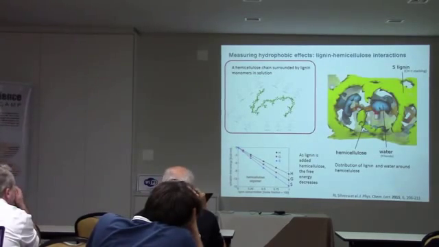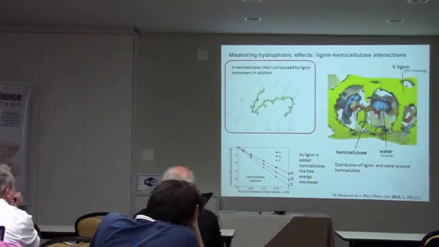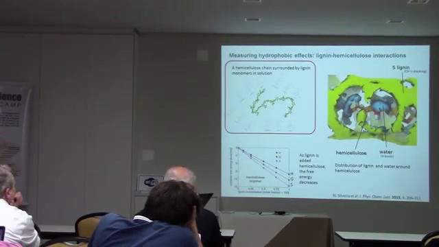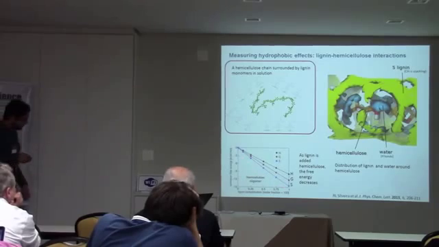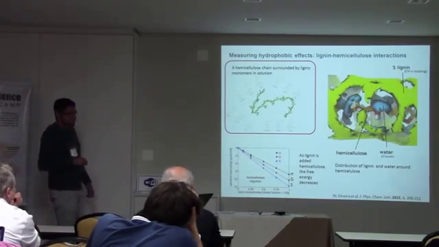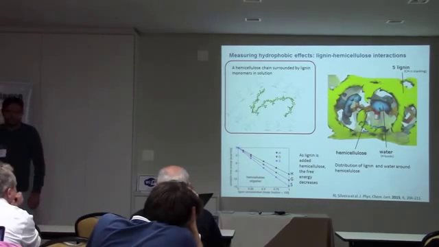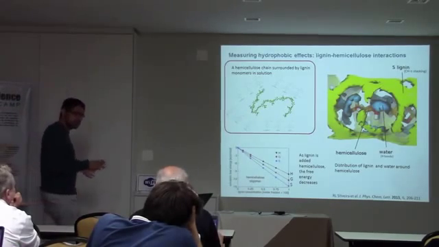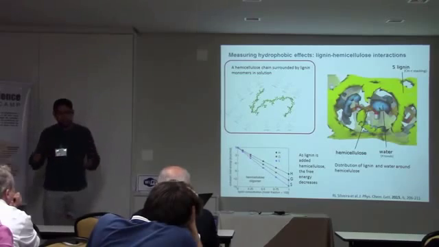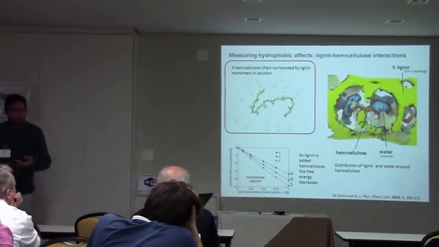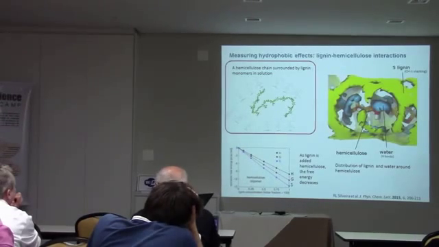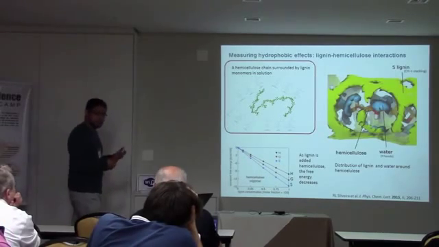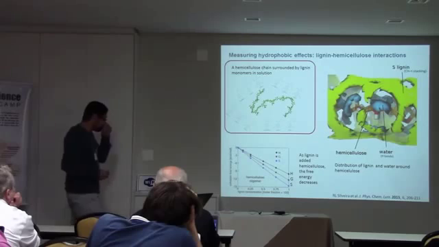So this is the thermodynamics, right? As I increase the lignin concentration, I observe a decrease in solvation free energy, which means that the lignin monomers are comfortable around the hemicellulose. The more lignin I add there, the more stable is the system, which means that lignin and hemicellulose have affinity to each other.